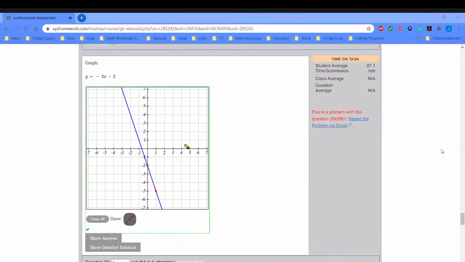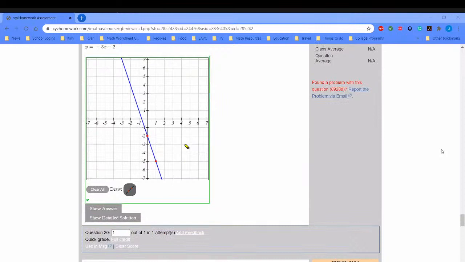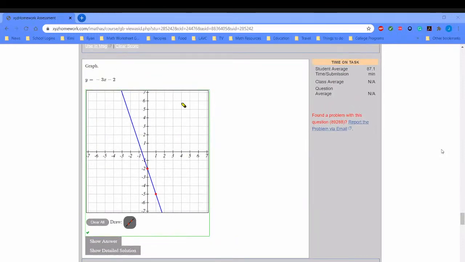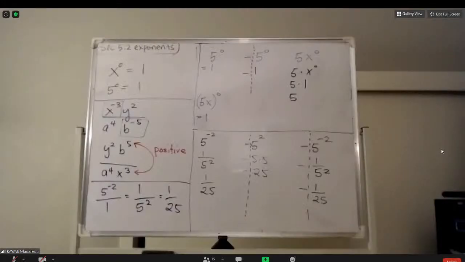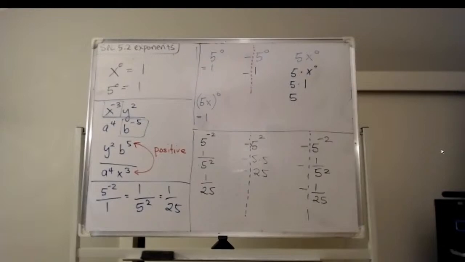So you're okay, it gave you credit for it. I don't think it's the 19th. The 19th was 1 over 2x plus 3. Okay, let me find that one. When I scroll through, I don't want to show everyone your test, but you did really well.